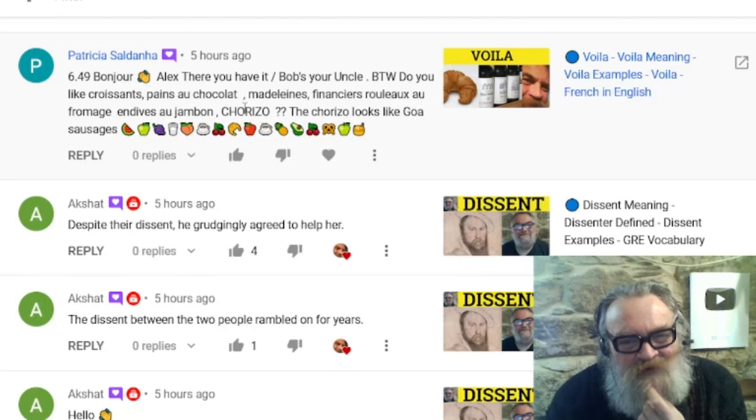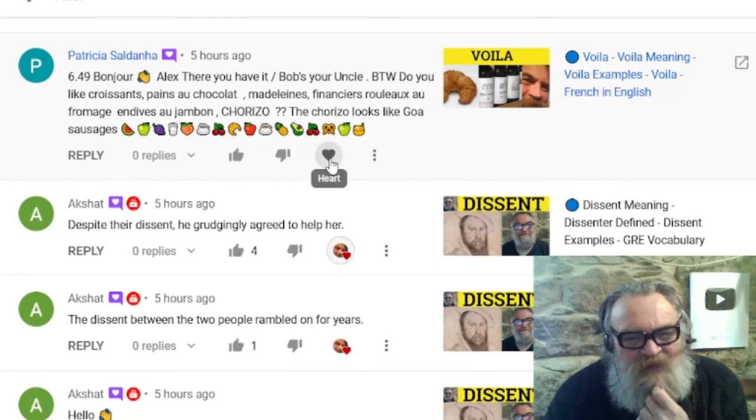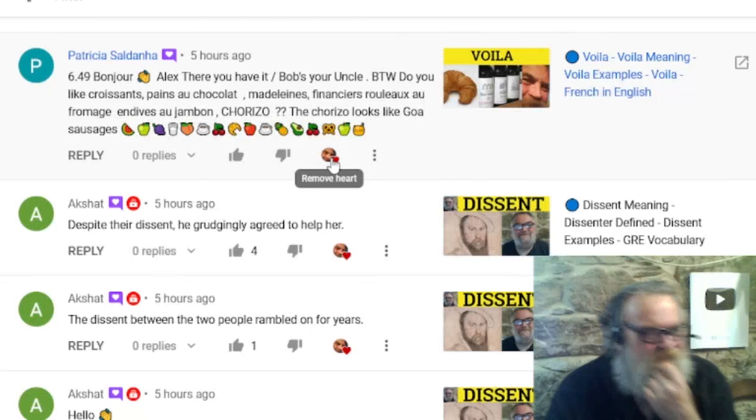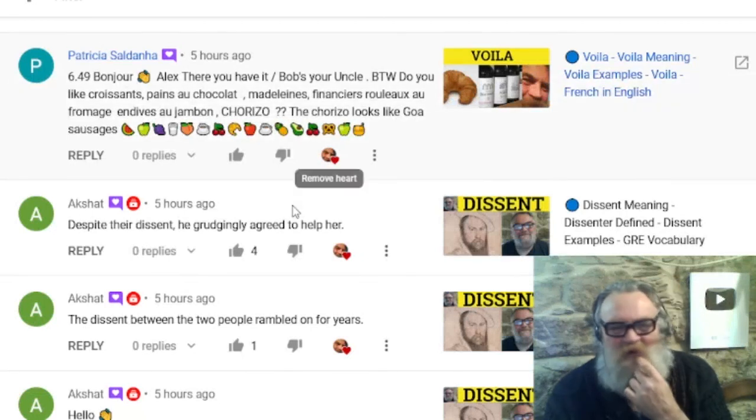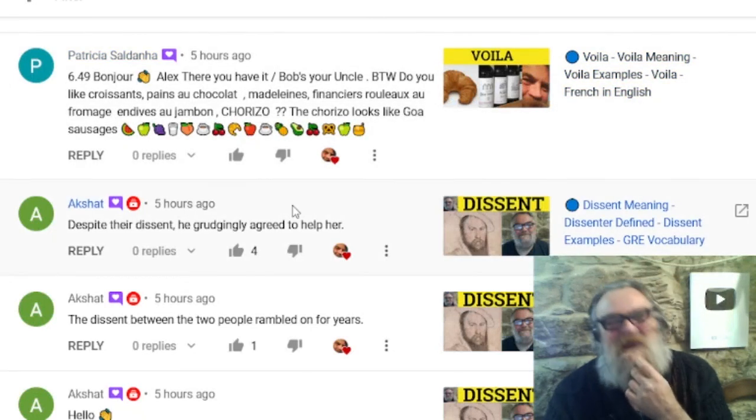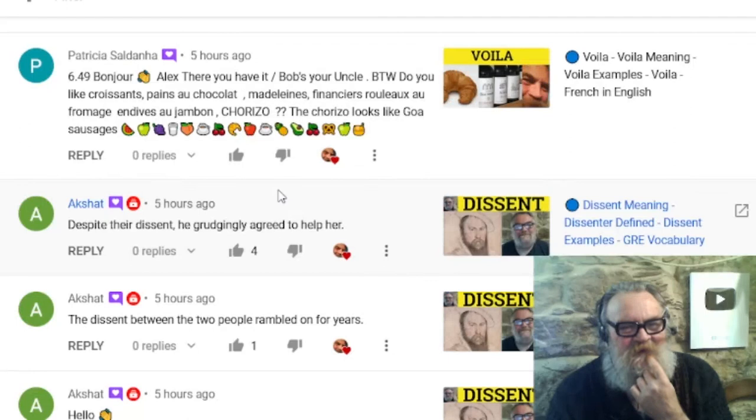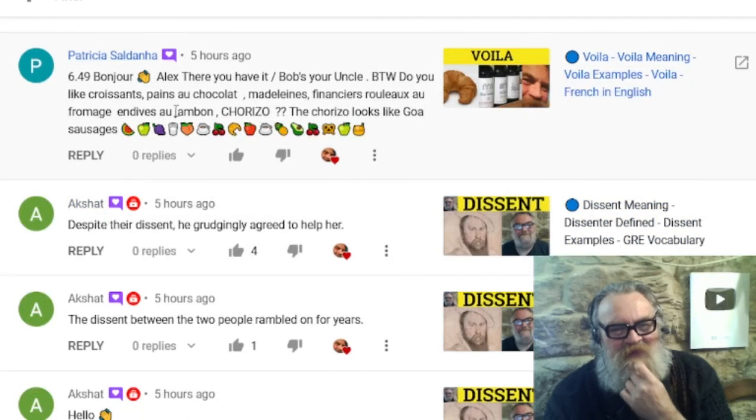The chorizo looks like Goa sausages. The chorizo that I've had in France and in Spain is not really very good. They've got some fantastic ones here. I like the big spicy ones that don't have too much fat in it. And the jambon, I'm also a big fan of jambon.